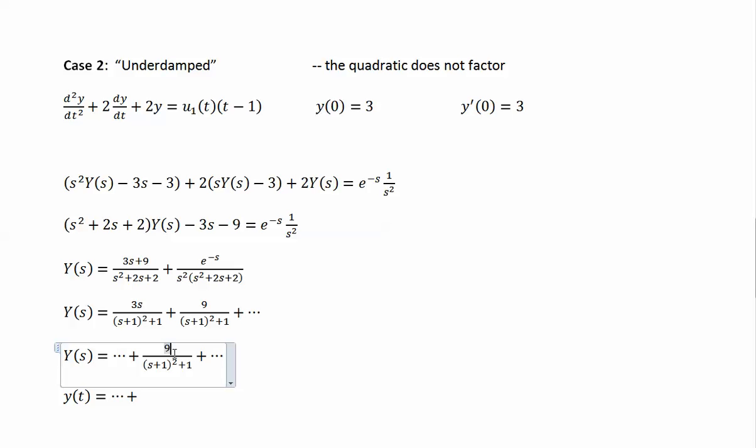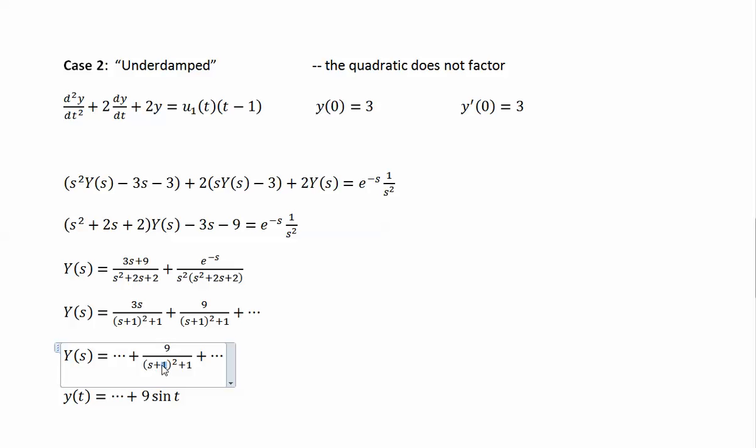So again, if you look on your Laplace transform table, if I had a 1 up here, this would be perfect. Well, except for the shift. We'll deal with the shift in just a second. If I had a 1 up here, this would be the rule for sine of 1t. So I just move the 9 off to the side, and I leave a 1 there, and so I would have 9 sine of 1t.